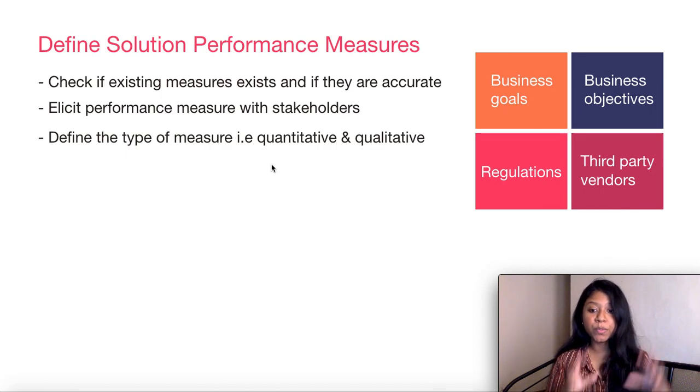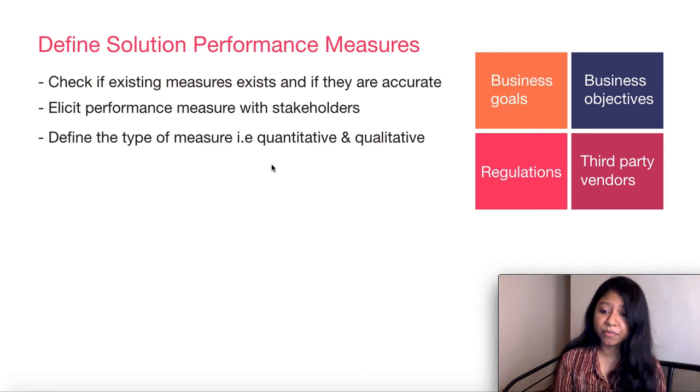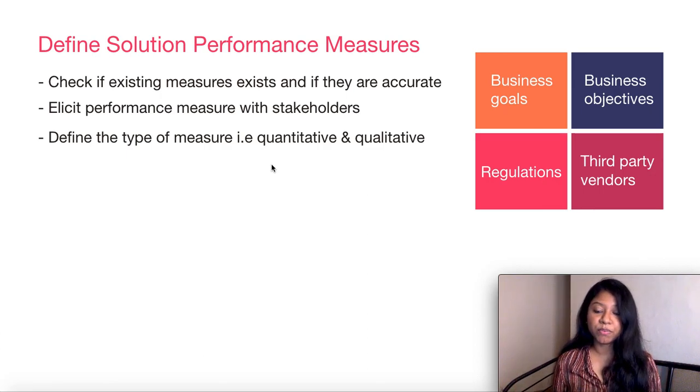Now, after you have connected with your stakeholders, collaborated with them, and defined these solution performance measures, or even looked up the existing ones, the second step, as I said, is to start validating them.